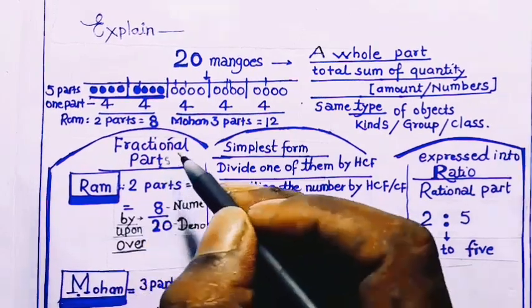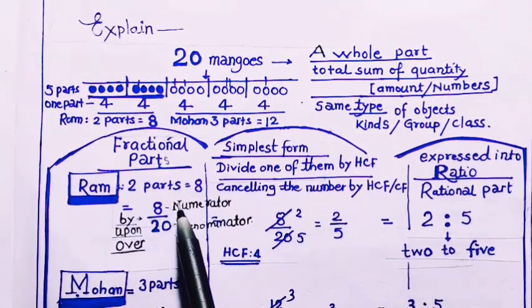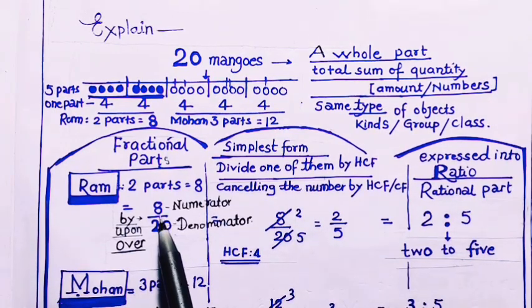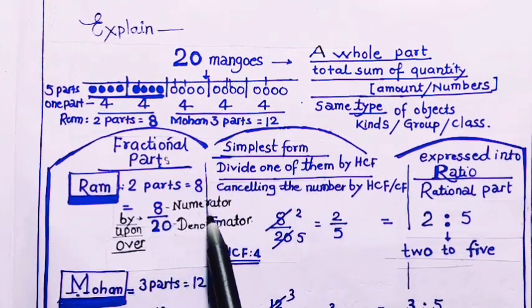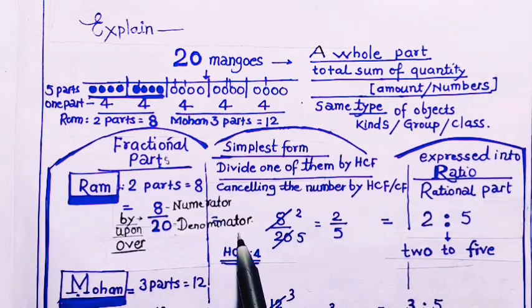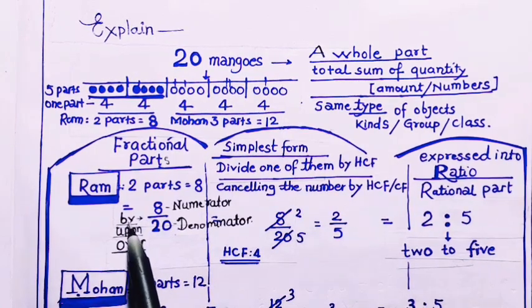So, 2 parts equal to 8 will be written as 8 by 20, wherein 8 is the numerator and 20 is the denominator, and this line will be read as by, upon, over.